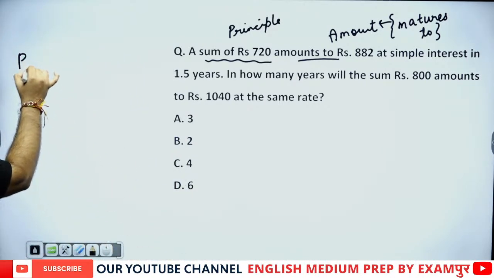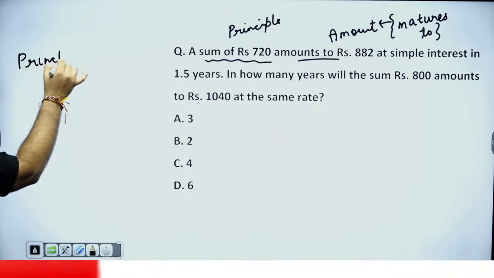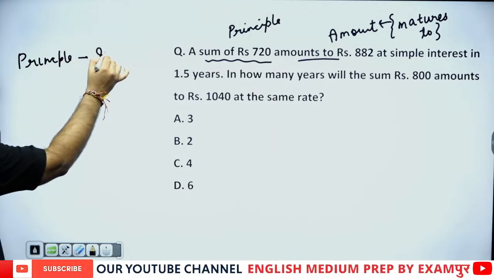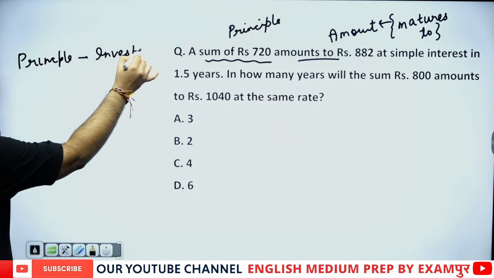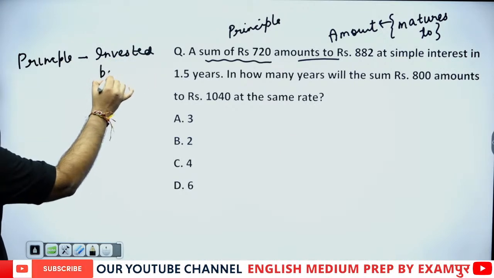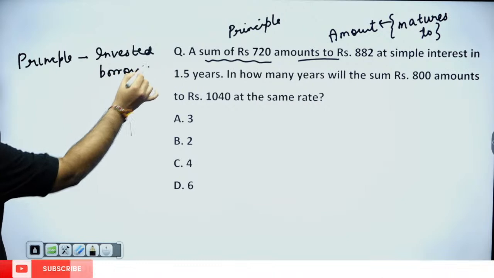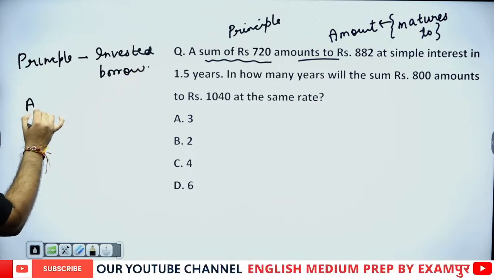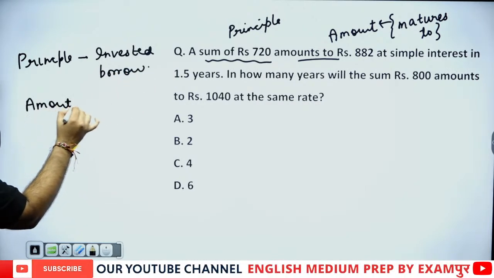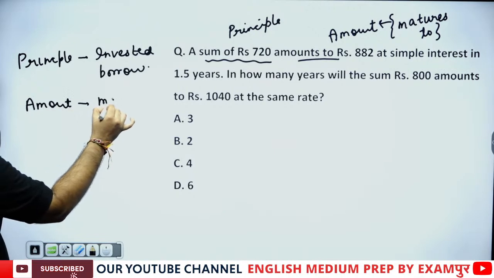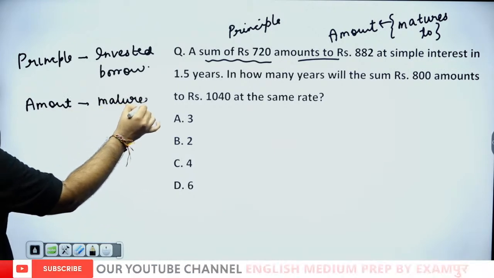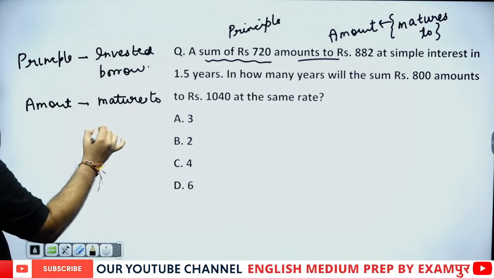Principal is something we invest or borrow. And amount is something it matures to, or amounts to.